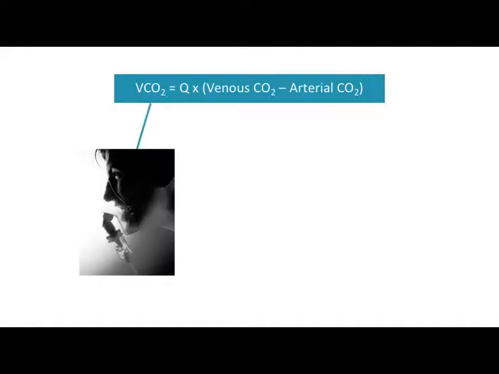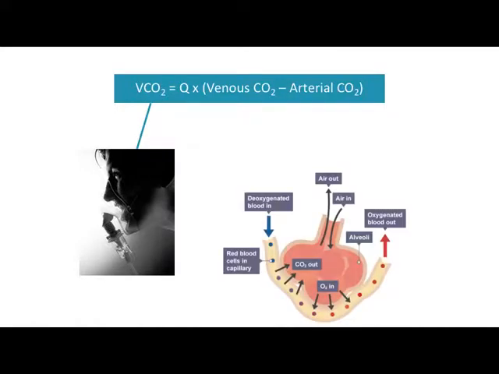So again, VCO2 is easy. At the whole body level, we get it from the metabolic cart. The others are not so easy, and I'm going to throw up this little schematic that really should give us arterial and venous CO2 contents.